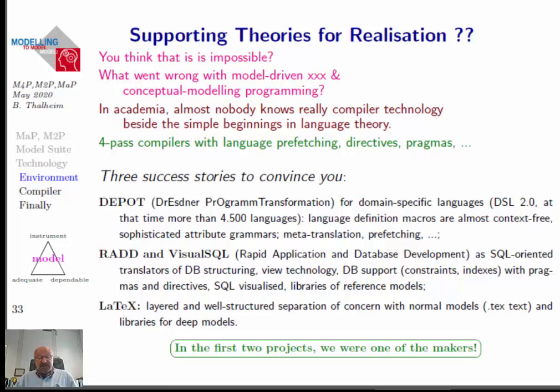That means in this case it is somehow useful. And we can base our technology on compilers, especially on 4-pass compilers, that are a proper tool for supporting our approach.